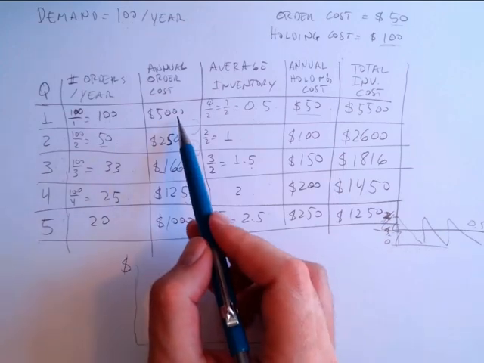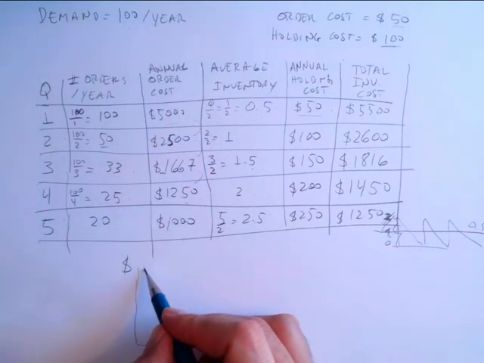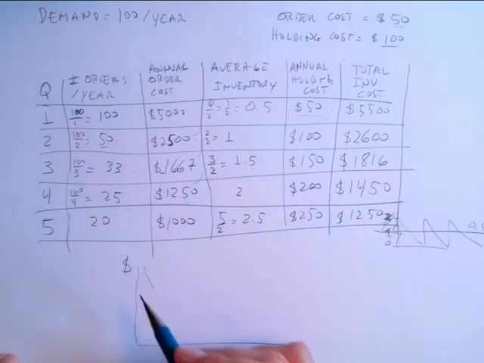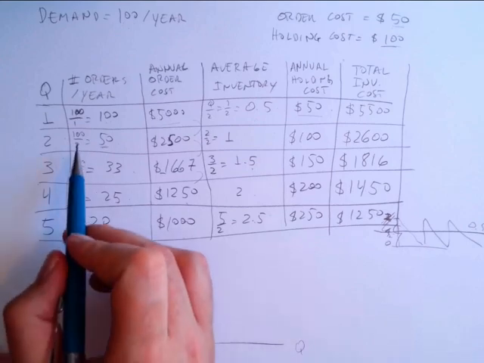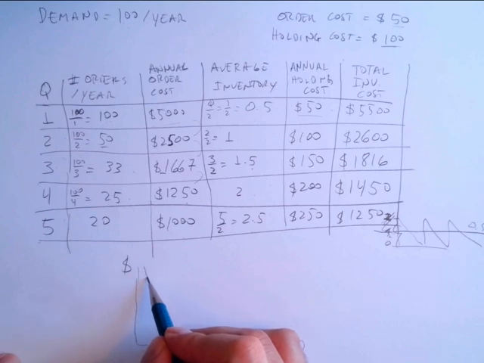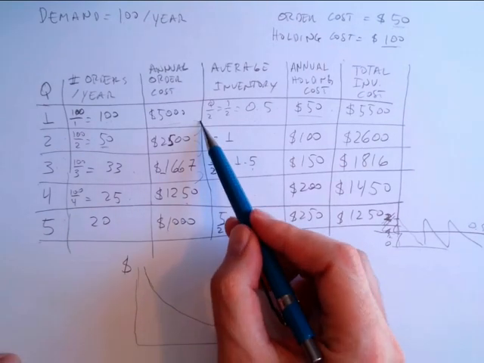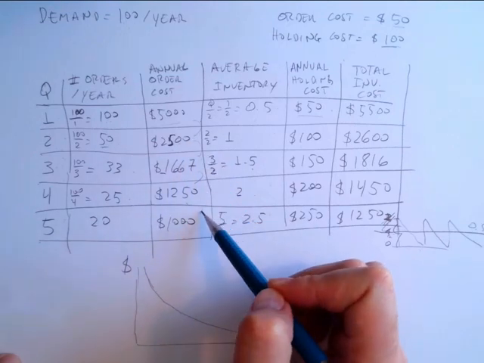So my ordering cost is decreasing pretty significantly at the beginning, right? As I'm increasing quantity, my ordering costs reduce a lot. And what's happening with this difference here is it's becoming smaller and smaller every time.